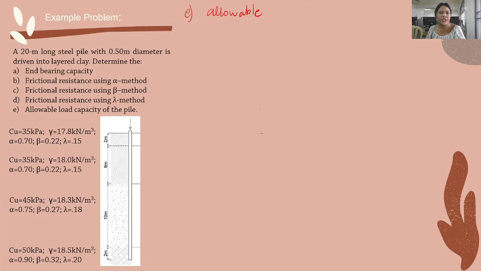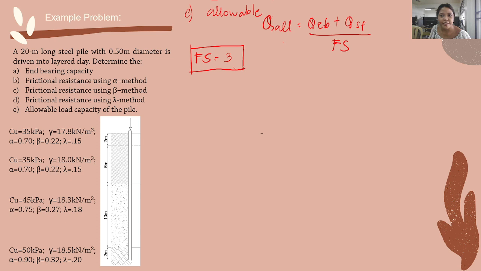So kung isusulat natin siya pabalik, Q allowable is equal to Q end bearing capacity plus Q SF divided by factor of safety. Ngayon, si factor of safety, hindi ko siya nailagay dito. Pero let's say 3 siya. I forgot to mention. So, Fs is equal to 3.